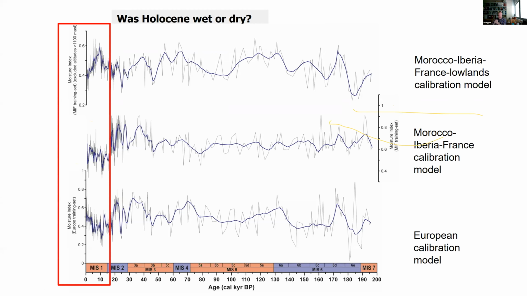If you want to show it was dry, we can use these first two calibration models. If you want to stress that it was wet, we can show this low altitude calibration model. So this is, in a few minutes, a summary of the impact of making decisions regarding the calibration model.